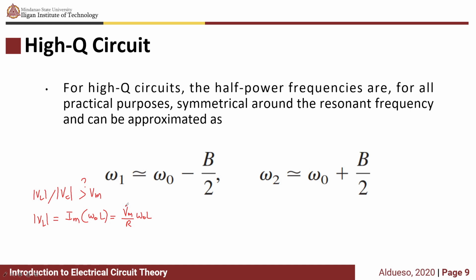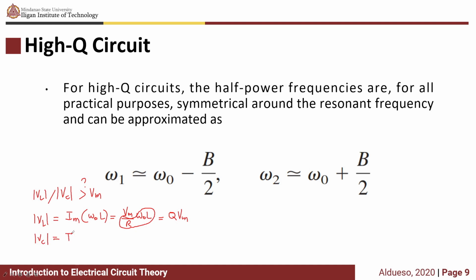If you take a look at this term right here, omega naught L over R is just equivalent to Q. So we have Q Vm. Same for the magnitude of Vc.